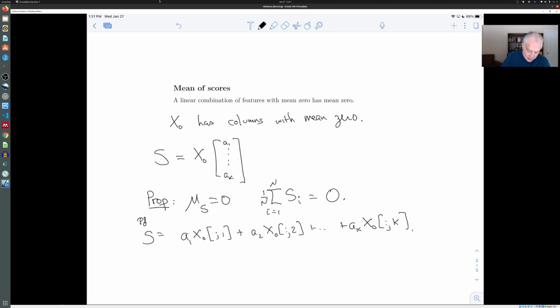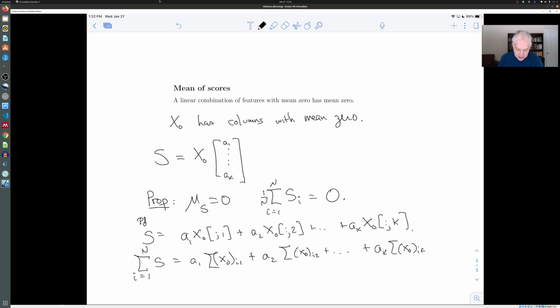And now, if we sum up the elements of this, we get A1 times the sum of X0 I1 plus A2 times the sum of X0 I2 plus A sub K times the sum of X0 IK.